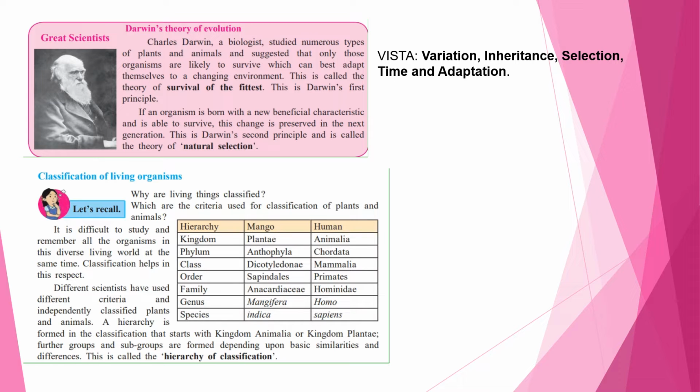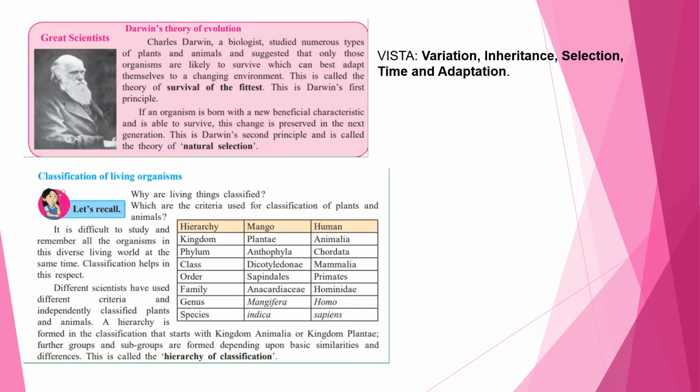Different scientists have used different criteria and independently classified plants and animals. Here the word hierarchy is nothing but the organization of a particular plant, animal or person according to their importance, ranks and labels.